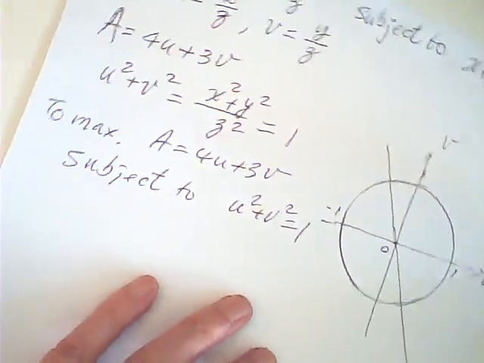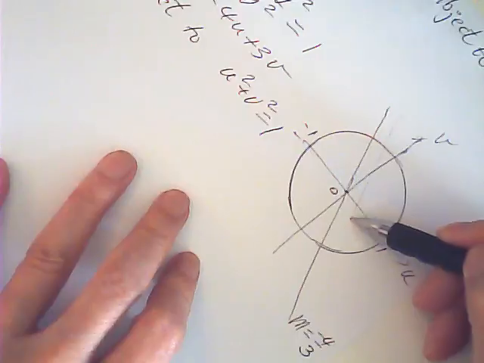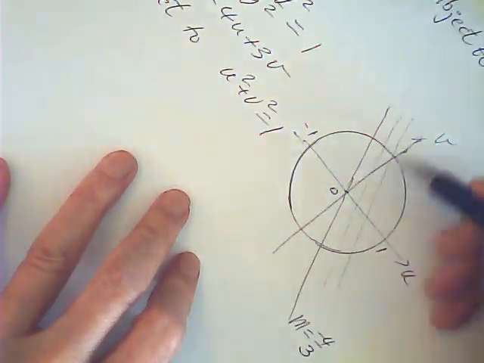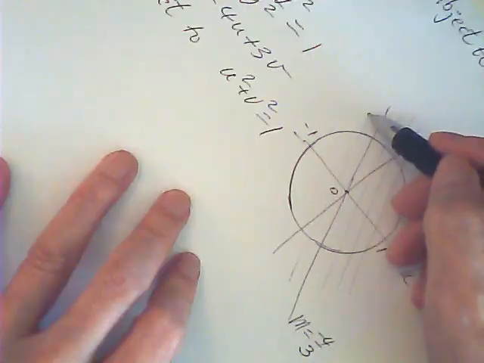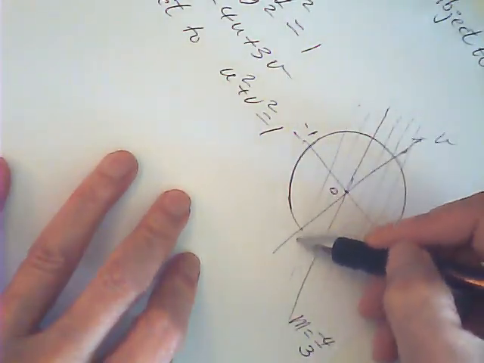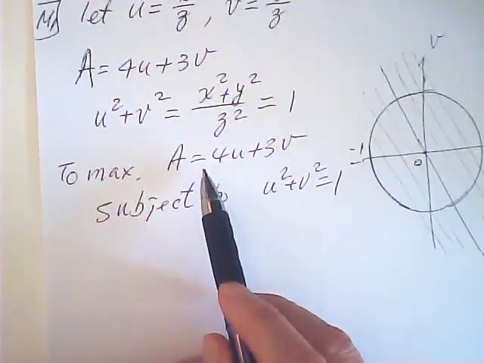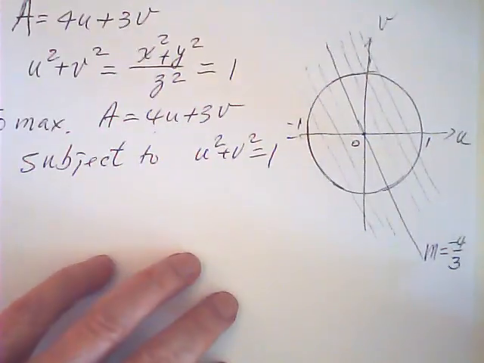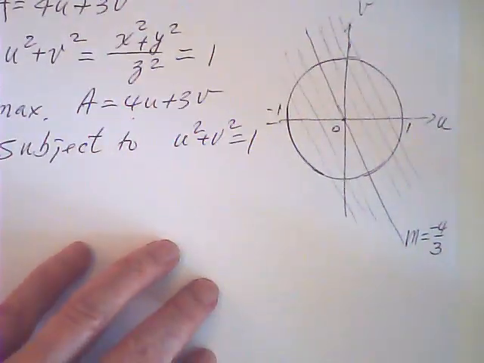And of course, there are many other lines, all bearing the same slope, same gradient. So in other words, A is a family of straight lines. They all have a slope of minus 4 over 3.